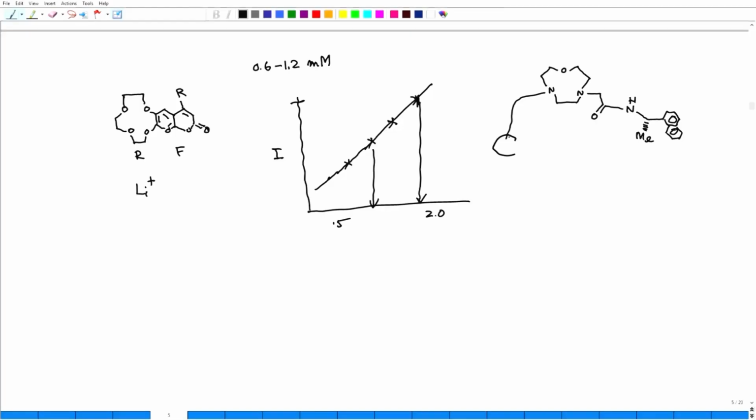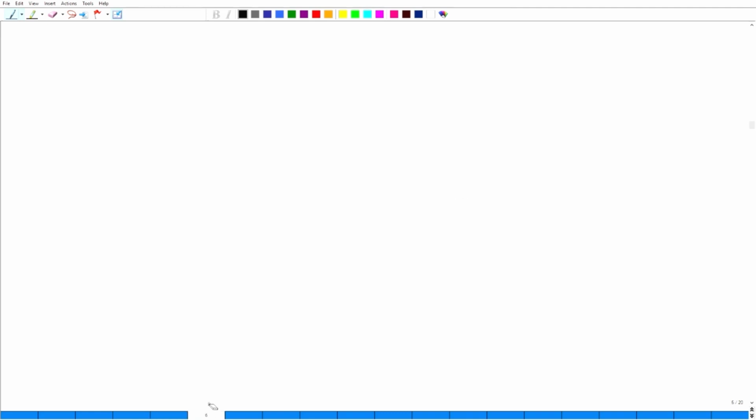So, only lithium should make a complex, and if lithium makes a complex, then we can know its concentration from emission intensity, as simple as that. So, these are lithium sensors, and this is the principle from intensity.